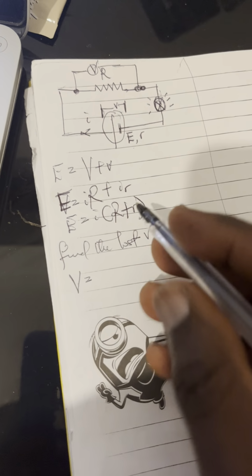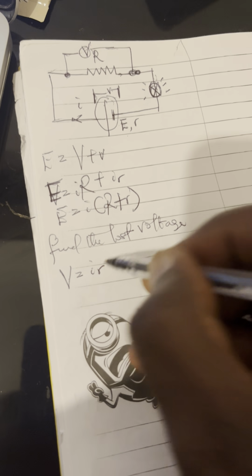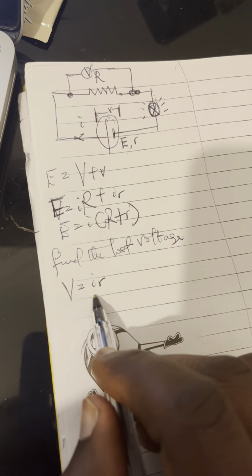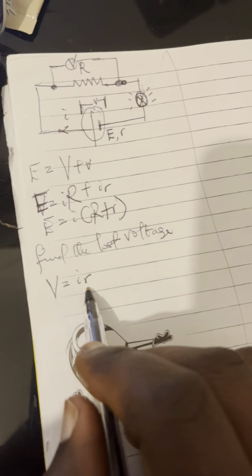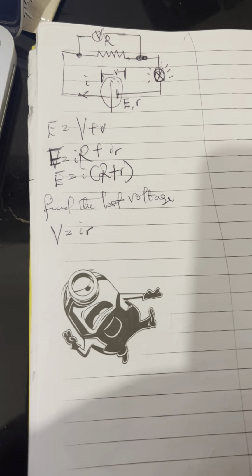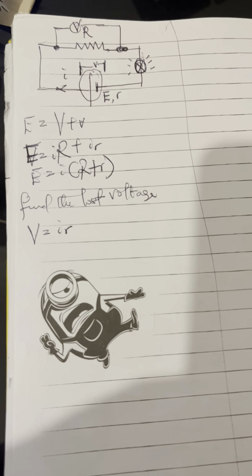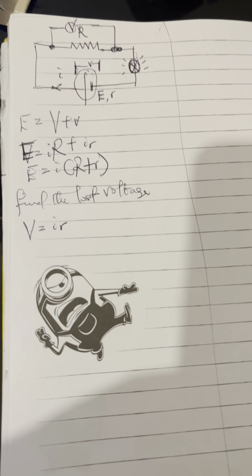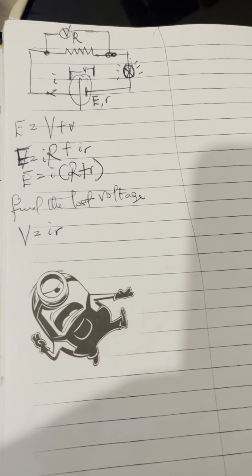So the lost voltage is equal to I multiplied by small r, the current multiplied by the internal resistance of the battery. You have to take note, because it can come out in theory. As you calculate the lost voltage, you need to get it right. You understand what I'm saying now?